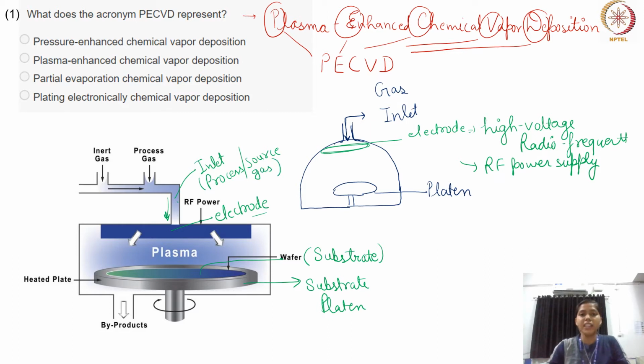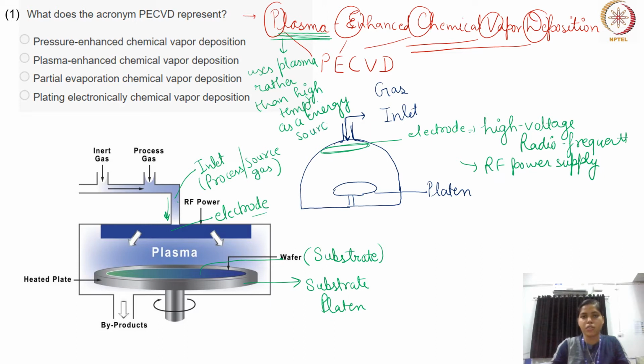So PECVD is basically a technique which uses plasma, as the name suggests. So it uses plasma rather than high temperature as an energy source.